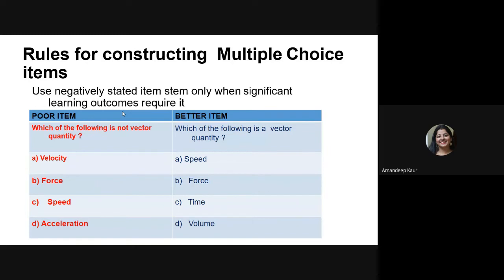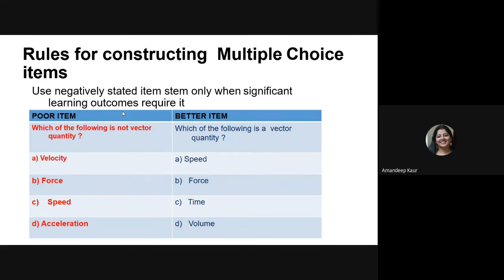Use a negatively stated item stem only when a significant learning outcome is required. In alternate choice test items, negative and double negative items are not allowed. But in multiple choice test items, the teacher can use a negatively stated item if there is a significant learning outcome that the teacher wants to inquire about.